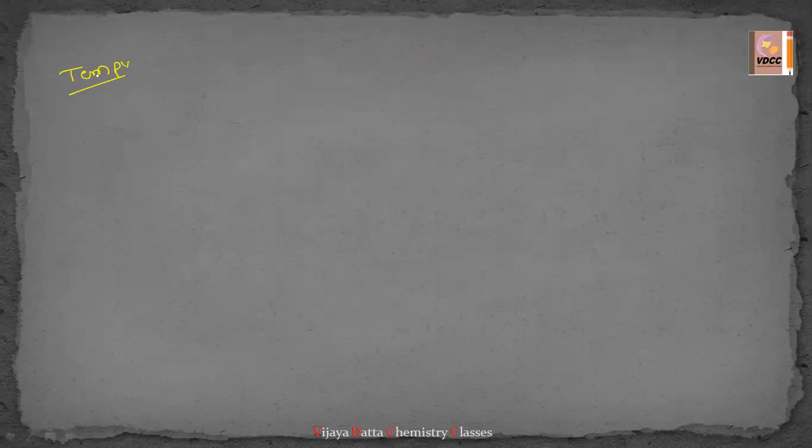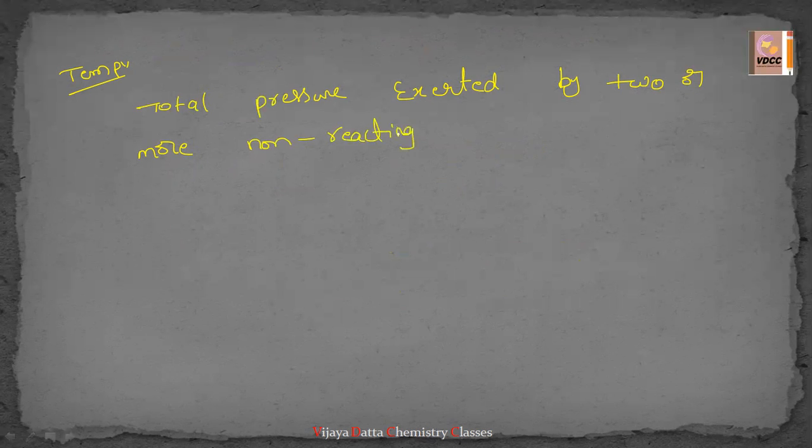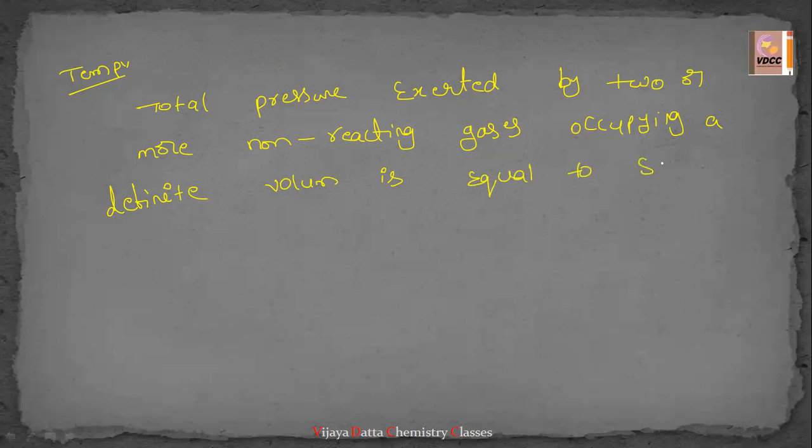At a given temperature, the total pressure exerted by two or more non-reacting gases, meaning they are not reacting chemically, occupying a definite volume, is equal to the sum of its partial pressures.